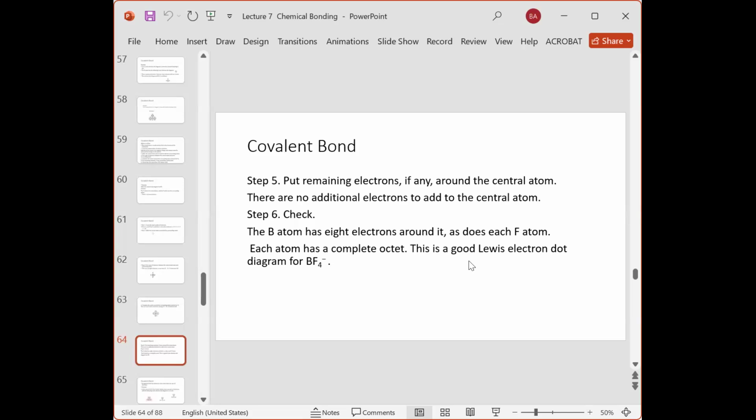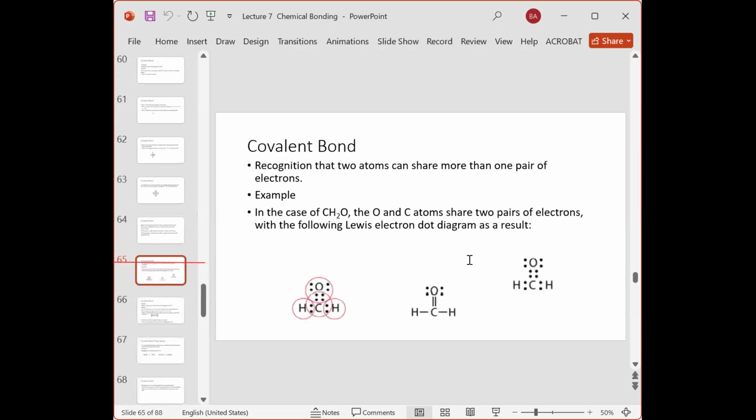There are no additional electrons to add to the central atom. Check: the boron atom has 8 electrons around it, and each fluorine atom also has 8. So everybody satisfies the octet rule.